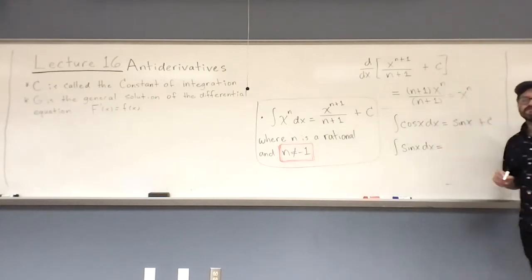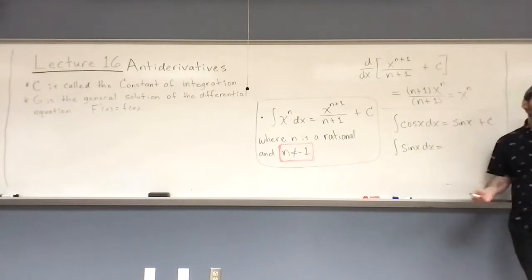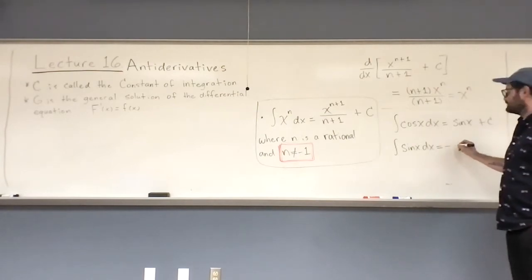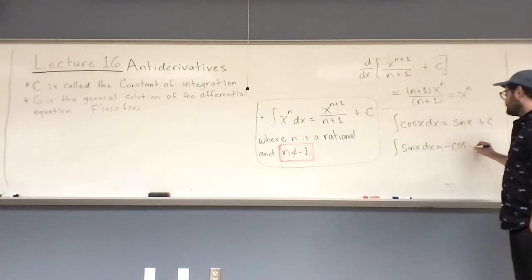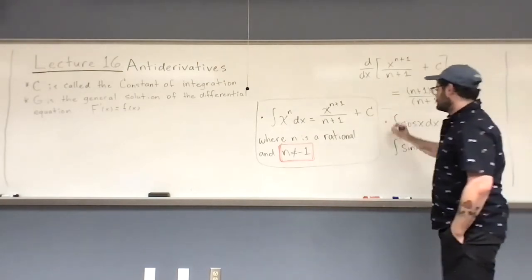What about this? What's the antiderivative, the indefinite integral of sine x dx? It'll be negative cosine x plus c, because the derivative of cosine x is negative sine x, so you want to cancel out the negatives. All right, so these are other rules.